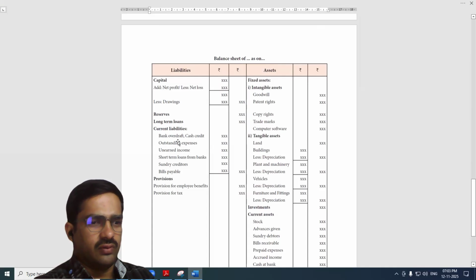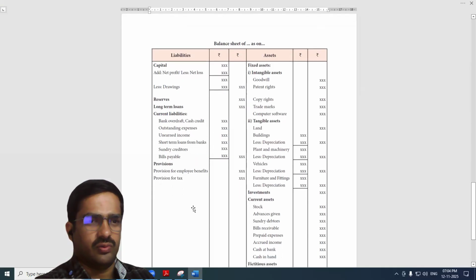Like bank overdraft, outstanding expenses, short-term loans, creditors, bills payable, all these things we are going to report. If there are any provisions created, provision for employee benefits, provision for taxation, we are going to record them.